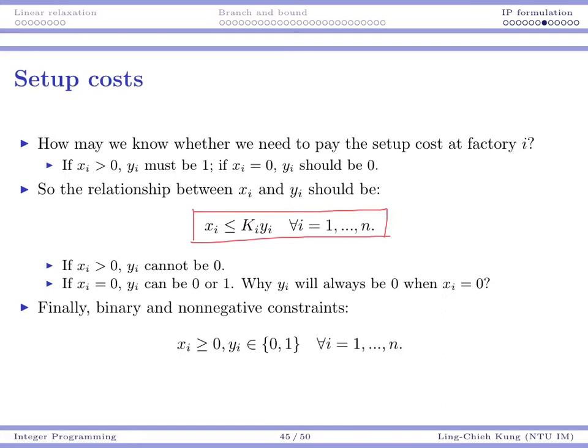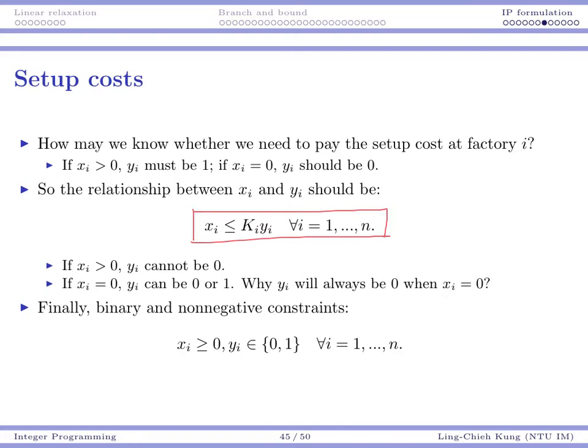Because in your objective function, you are minimizing your total cost. If yi can be 0, your optimization software will set yi to be 0. Otherwise, you are paying some money for no reason. That's not going to be optimal. So your yi must be 0 if your xi is 0 with that particular objective function. This is not always true, but for this particular problem, it is.